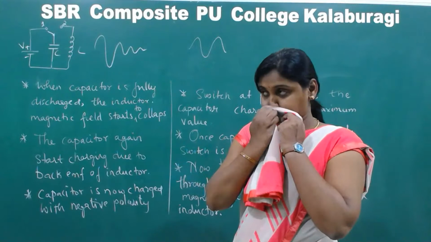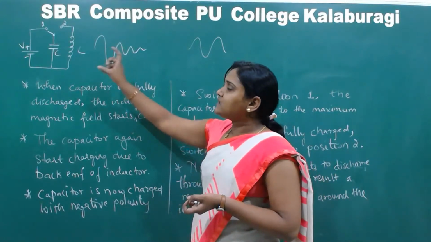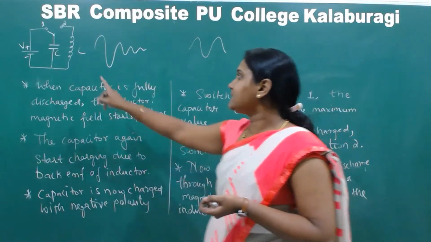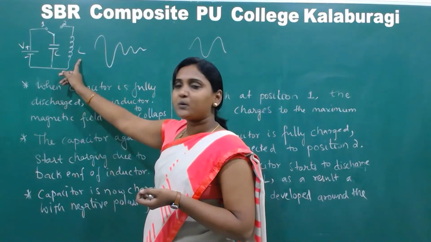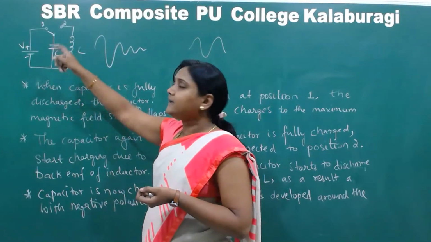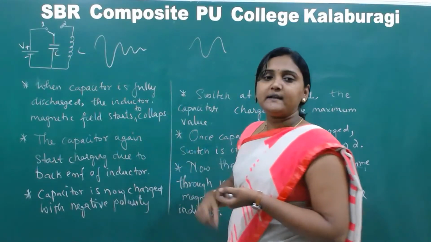Okay. And now, why does this happen? This happens because of the inherent resistance properties of all the devices. The inductor has an inherent resistance property. The capacitor will have a dielectric resistance inside, and the conducting wires connected there will have their own wiring resistance.